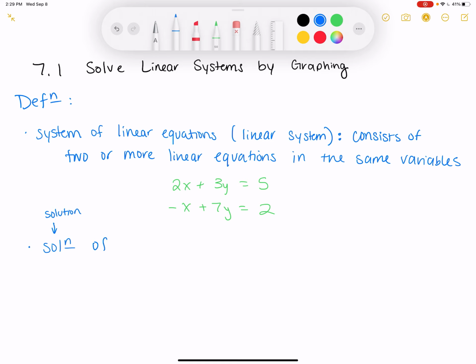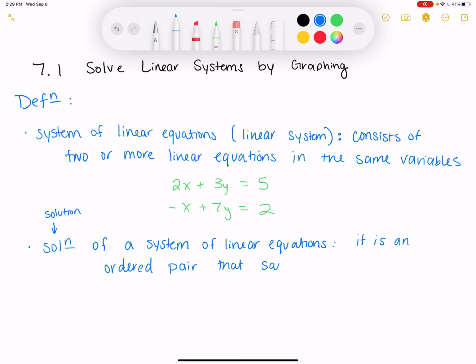A solution of a system of linear equations is just saying the answer to the linear equations. It is an ordered pair that satisfies each equation in the system.